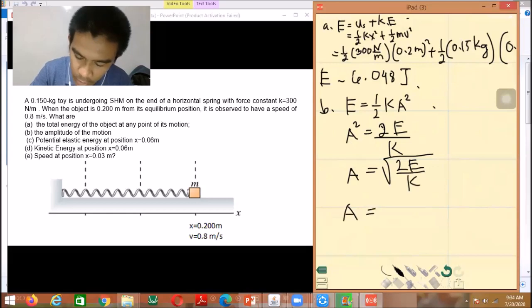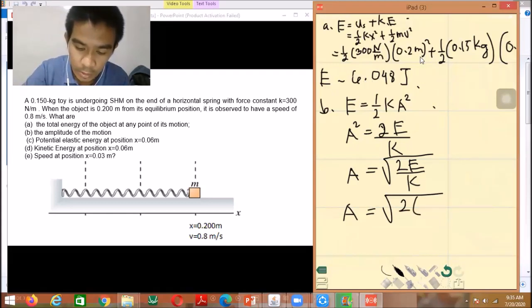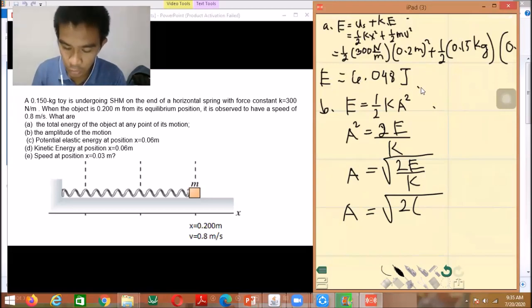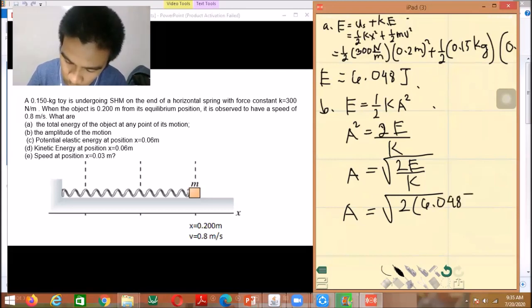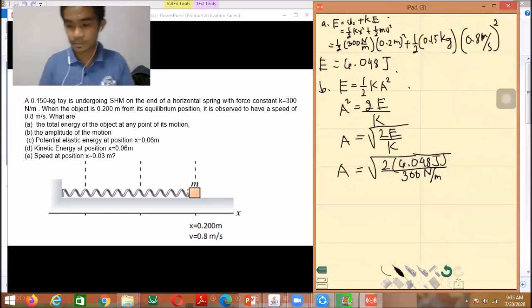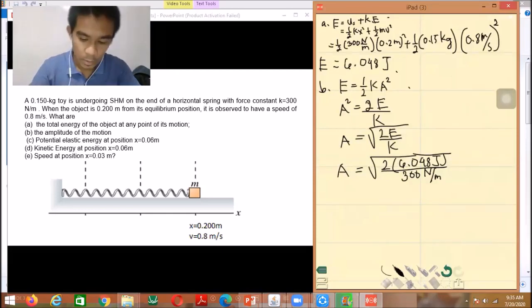So this is the square root of 2 times the total mechanical energy, which is 6.048 joules, divided by the spring constant, 300 Newton per meter. We can solve for the amplitude again using the calculator.